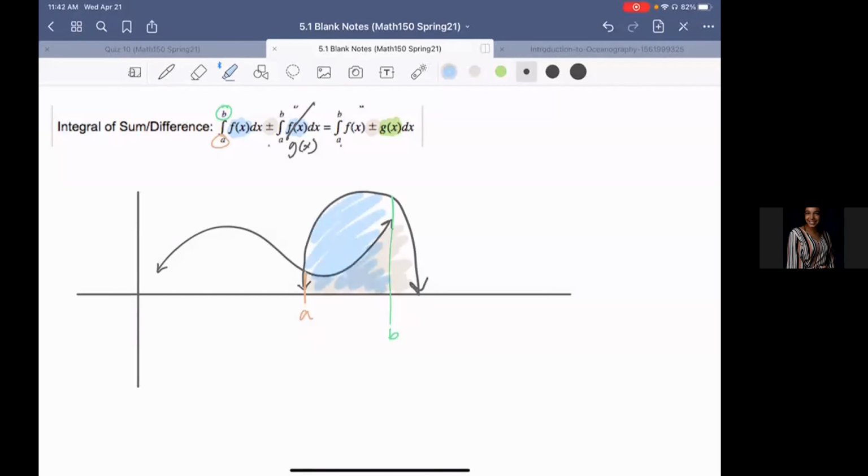This right here. Okay, so we have that blue area and that gray tan area. And so if I added the functions together, what would that area be? It would just be the blue area plus that gray area. All right, so awesome. And so if we know that we want to add the functions on the right-hand side of that equation, we can just say, I know this part and I know that other part, so I'm going to add them together.